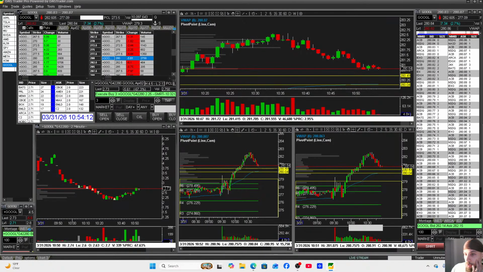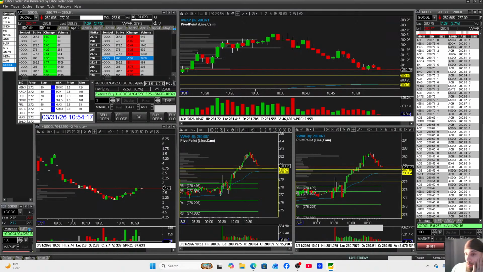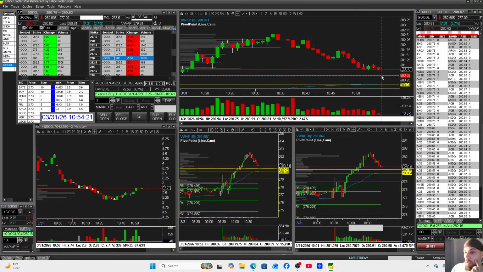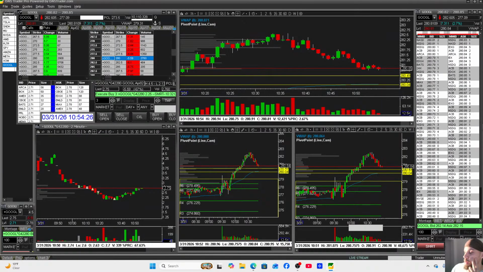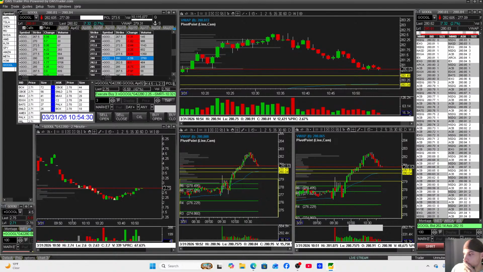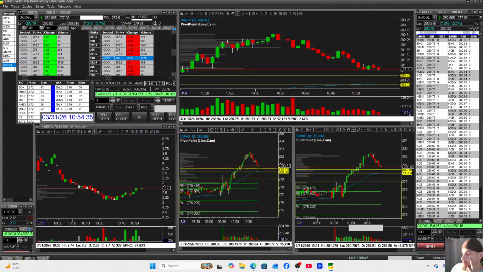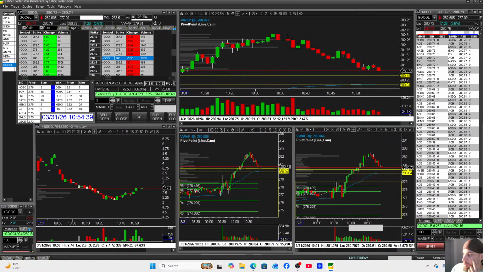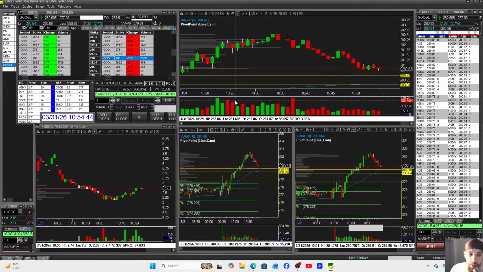So Qs just pushed through R4 nicely with some volume. We're getting close to our level here for our first target profit. We are pretty much at a double bottom here for SPY. This wouldn't be a bad area to take profit, honestly.